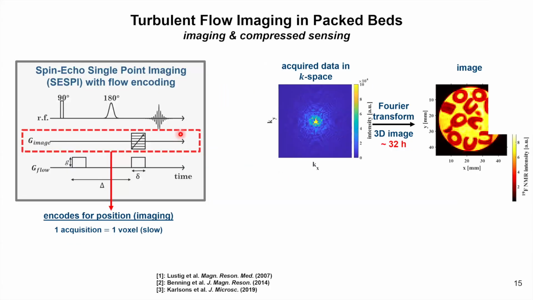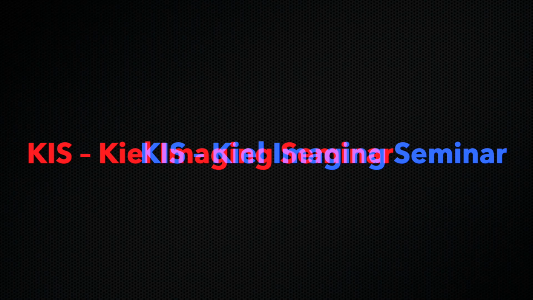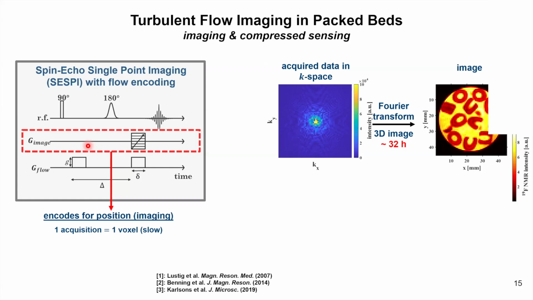So the sequence here is on the left. It's relatively simple. It's time averaged, so we don't need to worry about making anything ultra fast. We've actually chosen a single point imaging sequence here with a spin echo, and this is to minimize any of the velocity artifacts. We're not acquiring in the presence of a gradient. We can keep this echo time down to a minimum, so we get small displacements compared to the changes in the structure.